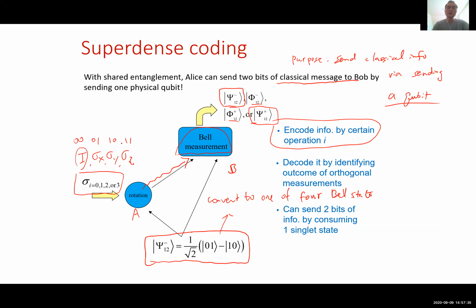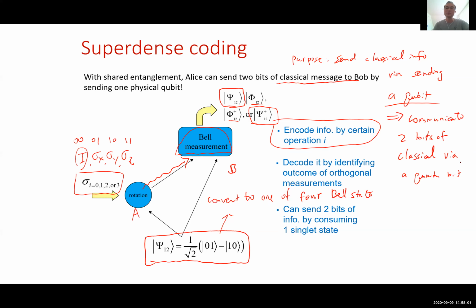So in this sense, Alice can communicate two bits of classical information by a quantum bit.